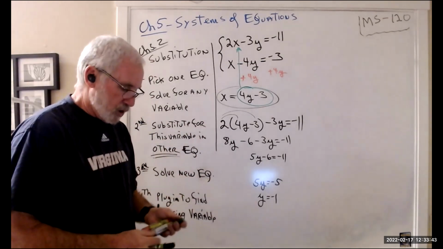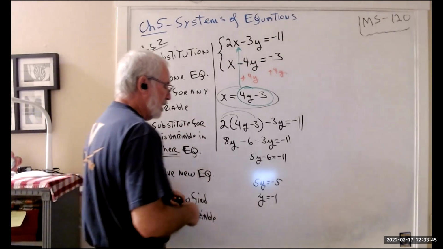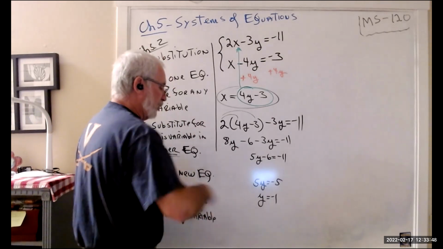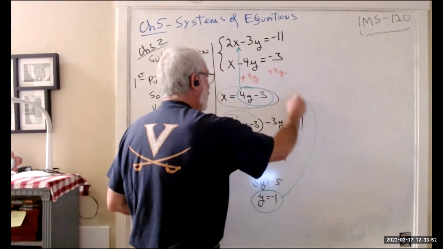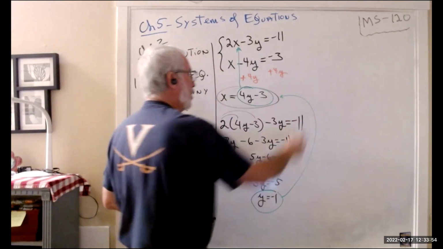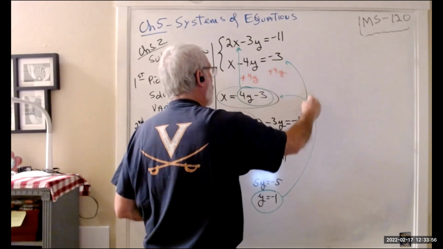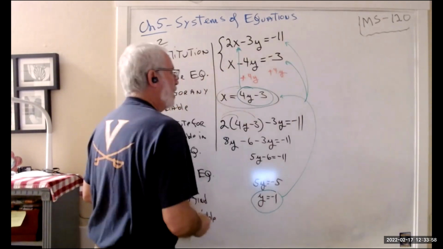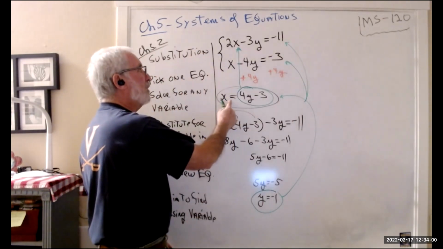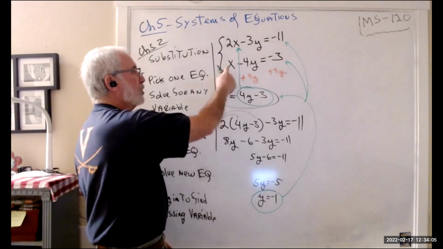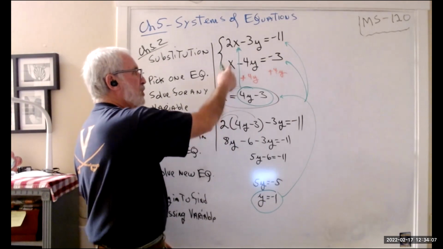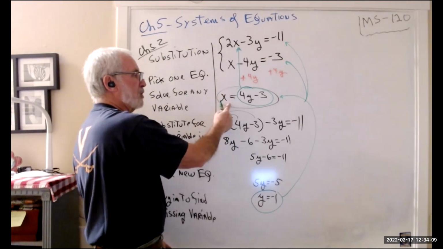Now, let me show you a shortcut here. You can plug this into here, or here, or here. This problem is just a variation of this equation. These 2 equations are the same as each other.